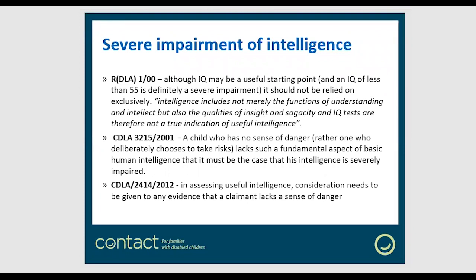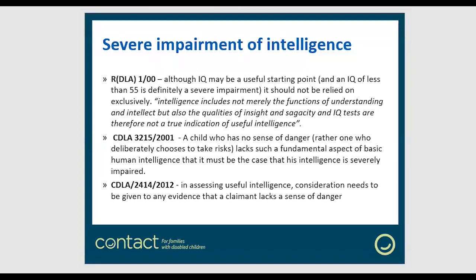In those kind of cases, what you should be looking to do as a parent in challenging that is to gather together all the evidence that you can about your child's educational attainment, any evidence that, in comparison to their contemporaries, they're not operating at the same level academically.